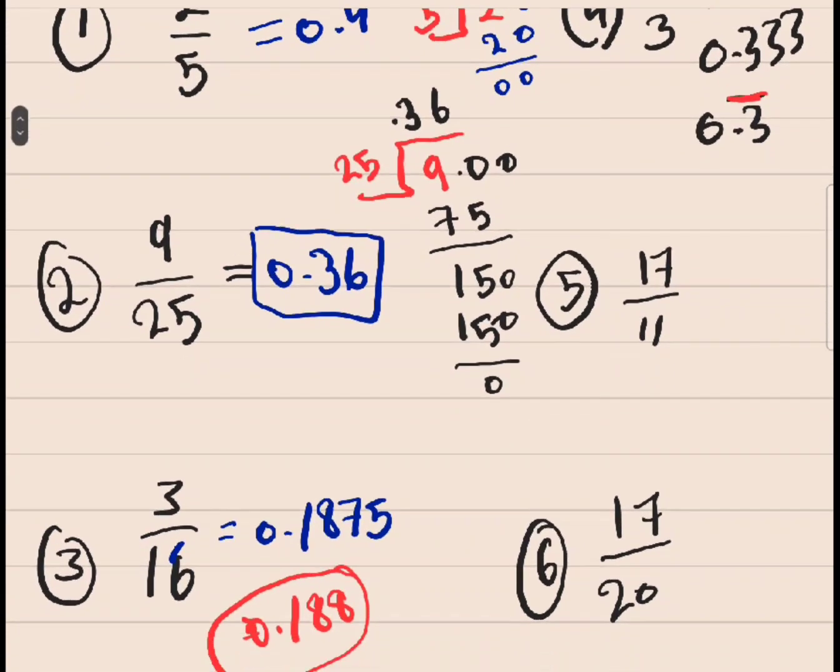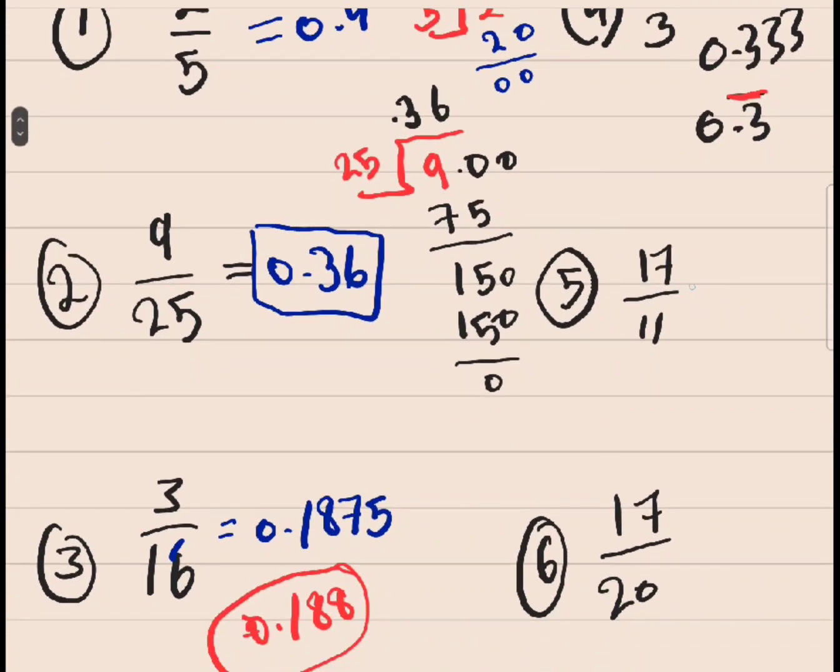So if you plug 17 over 11 or 17 divided by 11 in on a calculator, you're going to get 1.54, 54, 54, and it's just going to be 54s repeating. So again, we can round to the thousandths. So a 5 there. Look next door.